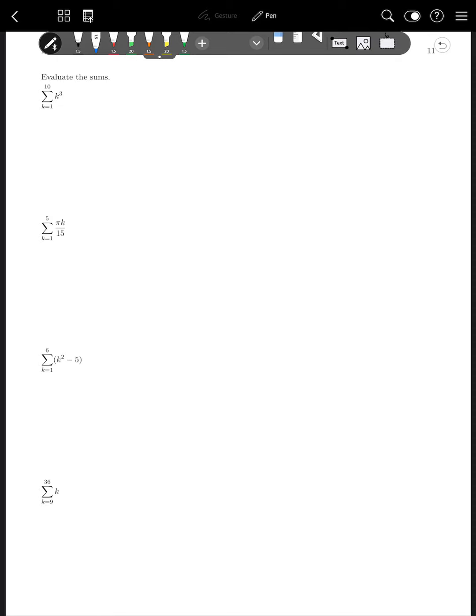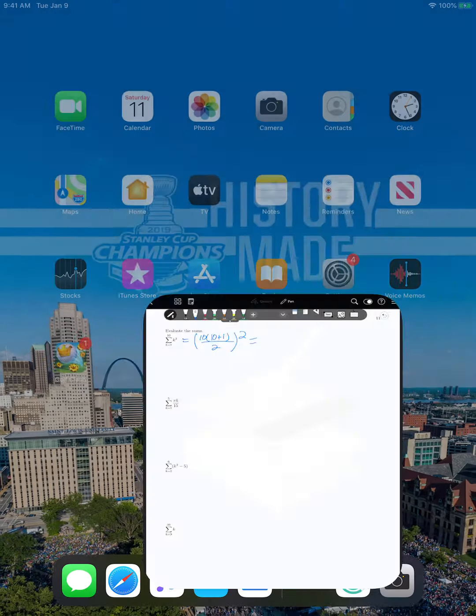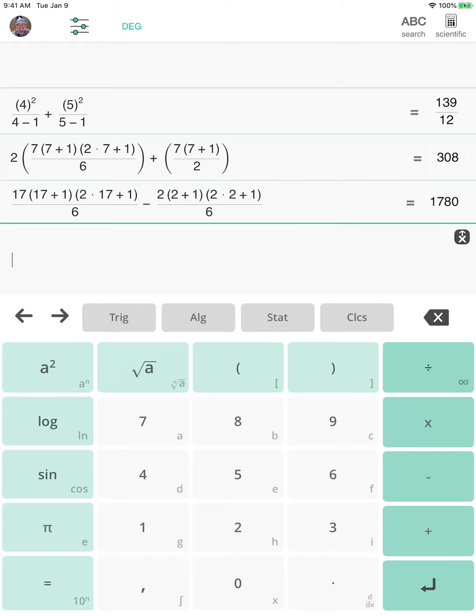So the first one is just using the k cubed rule. So this would be 10 times 10 plus 1 over 2, squared. Well, now just put that in the calculator is the quick way to do it.